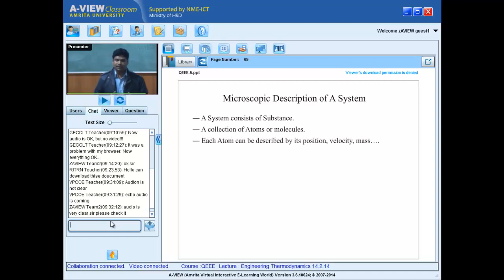Each atom can be described. The moment I have an atom level, every atom will have its own position, velocity and mass. Now I can go on describing why the solid is solid. Let us say this is one molecule, this is another molecule, and this is another molecule of the solid.